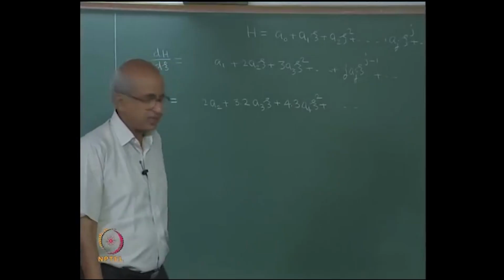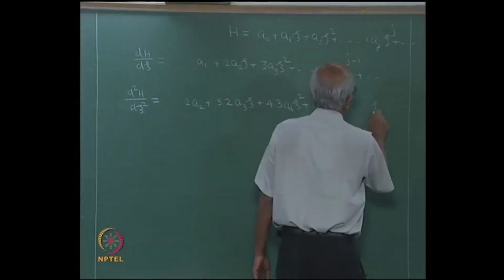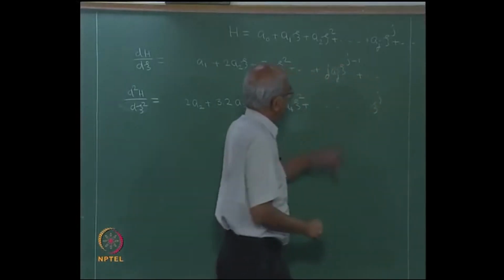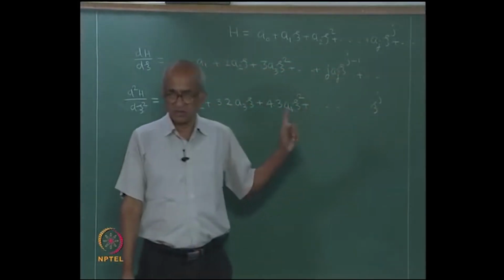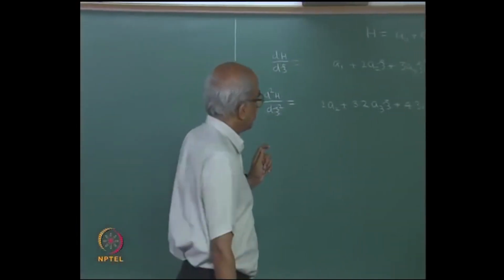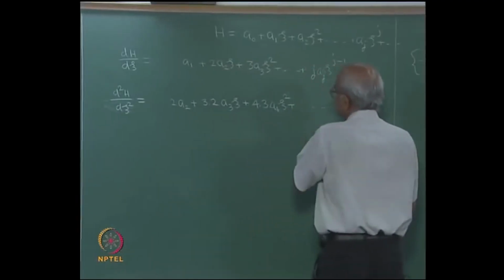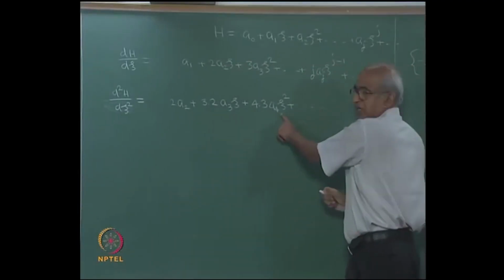Okay, this is how the series is, but I want to write down the term that contains, let me say, c to the power of j, unlike what I did here. What will that term be? You can guess what that term is going to be by just looking at this expression.